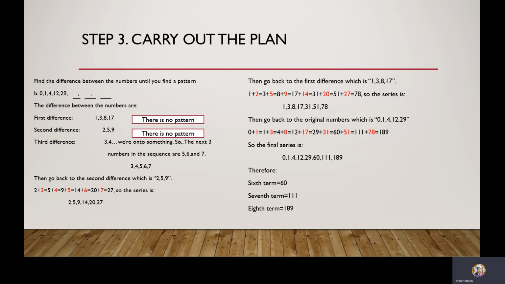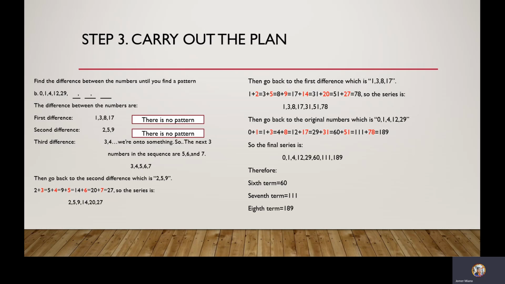So dito, we should find the difference between the numbers until you find a pattern. So the difference between the numbers are, first difference, 1, 3, 7, 8, and 17.